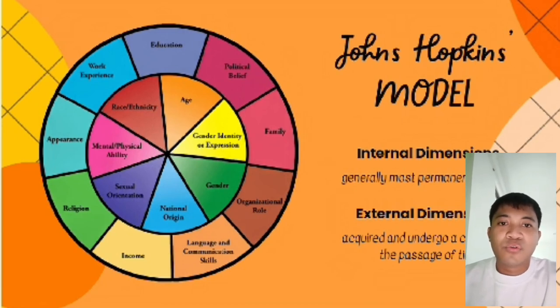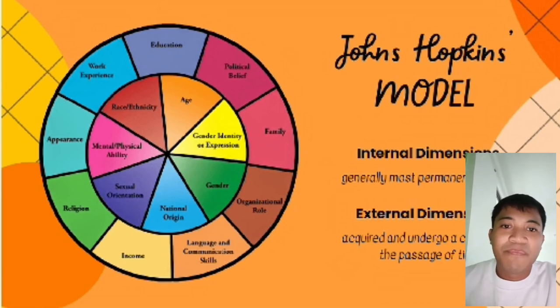For you to easily get what internal dimension and external dimension are, I will give you a simple example. Think of yourself as a big puzzle. Some pieces of your puzzle are things that don't change much. For example, your age, like what I said earlier, your gender, and where your family comes from.